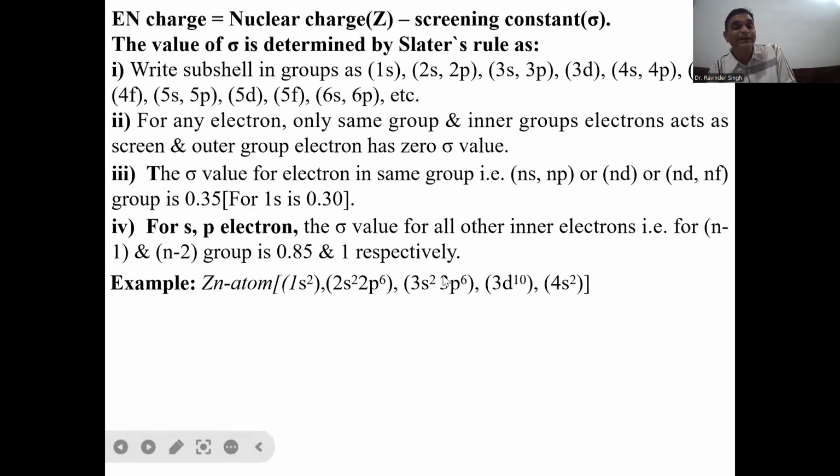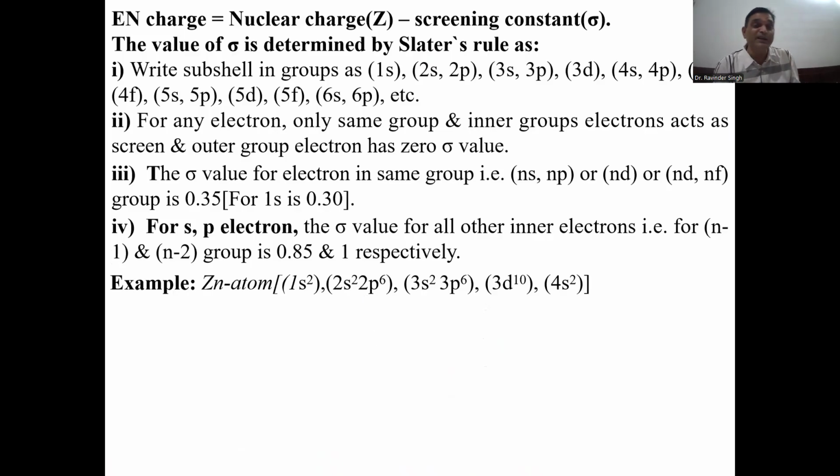What about the electrons present just inner to it? Just inner means n-1, the electrons of the shell just inside. These are a total of 8 electrons and their value will be 0.85. The screening constant value for these electrons present just inner to it, n-1, for these 8 electrons will be 0.85.